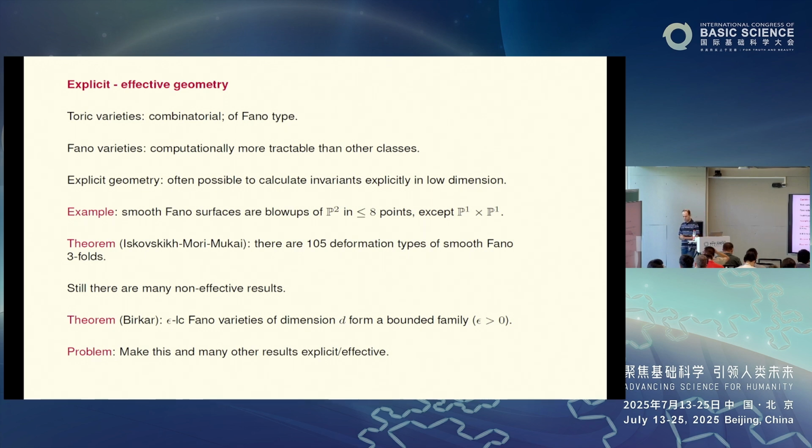Okay, another direction, which is related more to computations, is about computational, explicit, or effective, or constructive, whatever you call it, algebraic geometry. That means listing examples, making things more explicit. That means doing computations, if you can, using computers or by hand and so on.